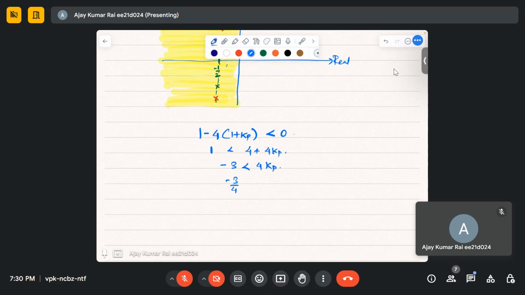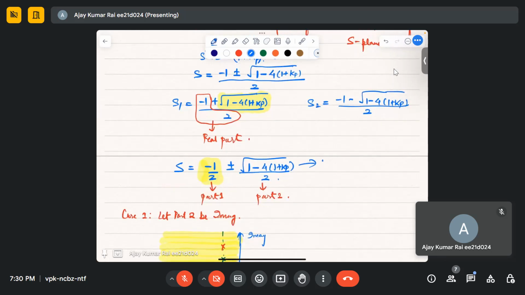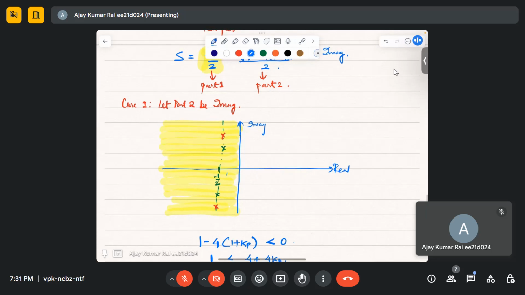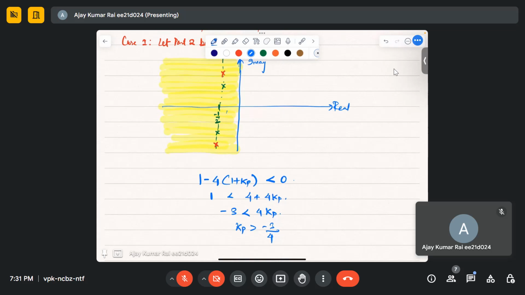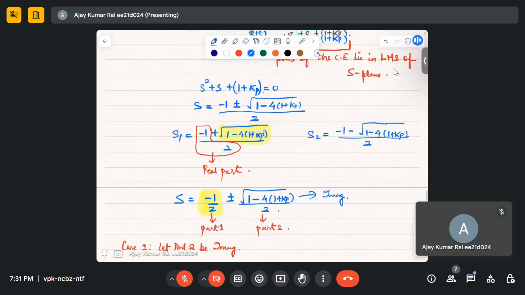Let me write this: Kp is greater than minus 3/4. If your Kp is greater than minus 3/4, then this will be imaginary. If that is imaginary, then roots will be lying like this. The locus of roots will be along this line, and then we will say the system is stable, right? This is one possibility. Any doubt? Just finding the possibilities here.